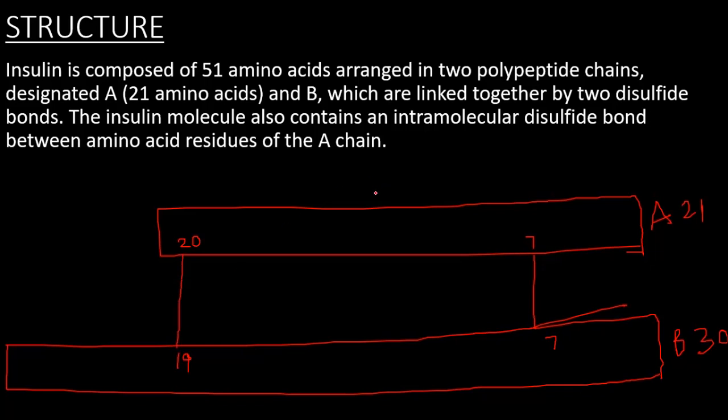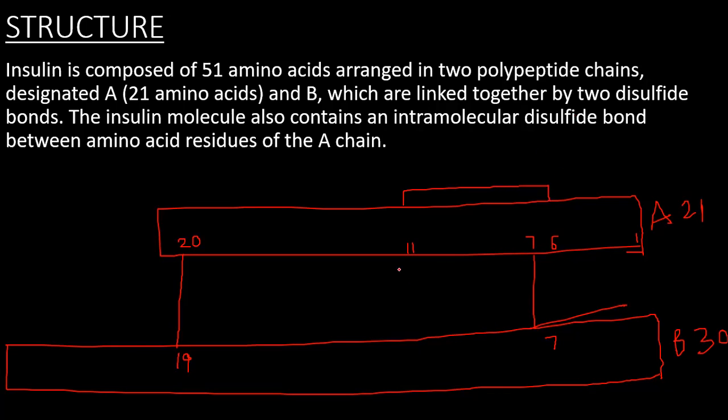Then on the A chain, we have an intramolecular disulfide bond between the cysteine at position number 6, we started here with 1, and another cysteine at position number 11.